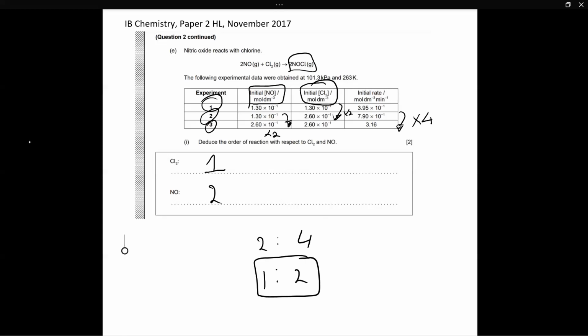And hopefully you can see that when we doubled the concentration of nitric oxide, the rate quadrupled. So that's why it's called a second order reaction. I know it's a bit confusing, and to be completely honest, even I find it a bit hard to explain in words. This is just something that you have to get with practice and grasp the concept of.